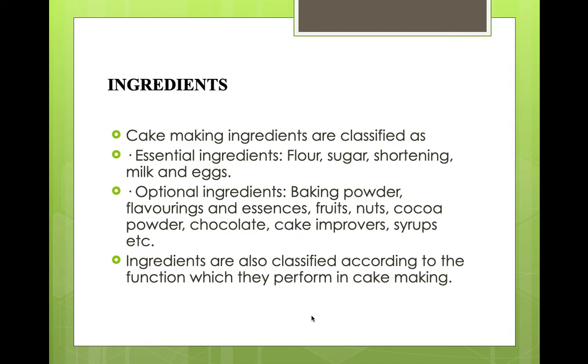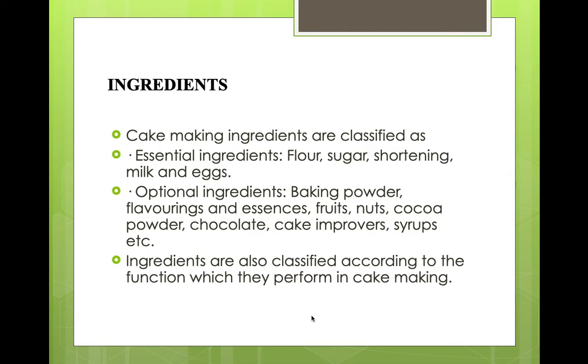Now, under ingredients of cake making, there are basic ingredients that are utilized for making the cake. The most important ingredients are refined flour, sugar, shortenings, milk, that is liquids, and eggs. These are the basic ingredients. There are also optional ingredients, which include baking powder, flavoring, essence, fruits and nuts, cocoa powder, chocolate, cake improvers and sugar syrups.